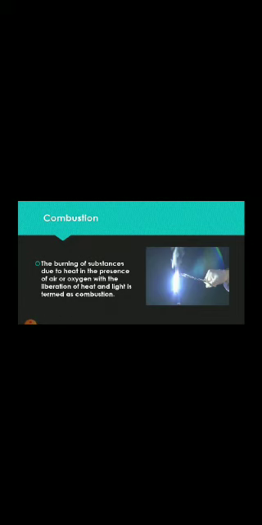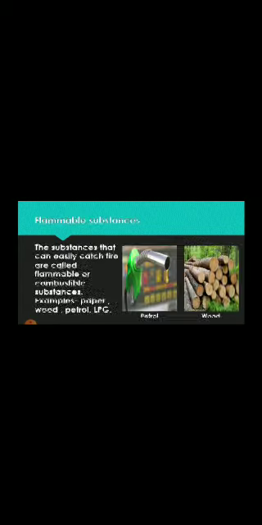We know, students, that in absence of oxygen, burning cannot occur properly. So here, in presence of oxygen and air, if anything is burning and producing heat and light, that is known as combustion. So burning of paper, burning of ribbon, burning of wood, all are examples of combustion.